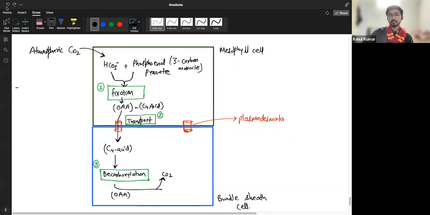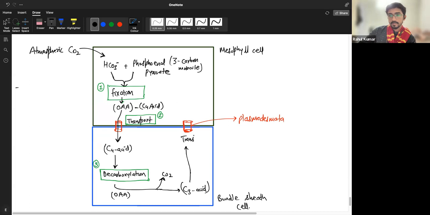If you remove CO2 from the C4 acid, what will be left? A C3 acid will be left, right? Yes or no?